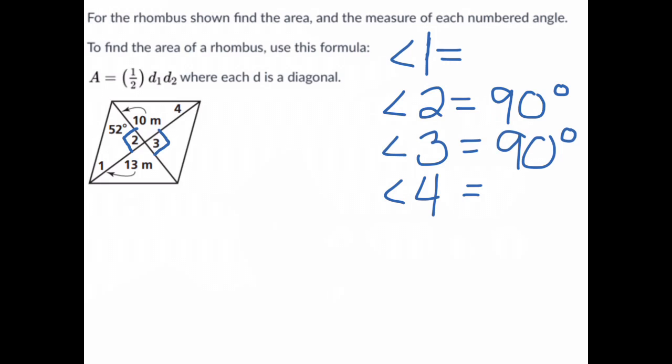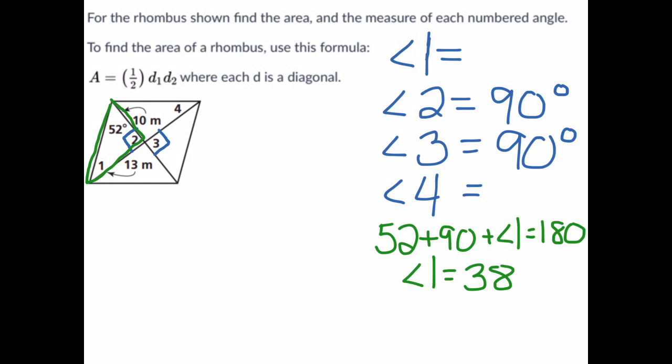Because a rhombus's diagonal also bisects opposite angles, angle 1 and angle 4 are congruent. In this triangle, we know two of the angles, 52 degrees and 90 degrees, so we can subtract from 180 to find angle 1, which is congruent to angle 4. We draw the equation and use algebra, and angle 1 and angle 4 are 38 degrees.